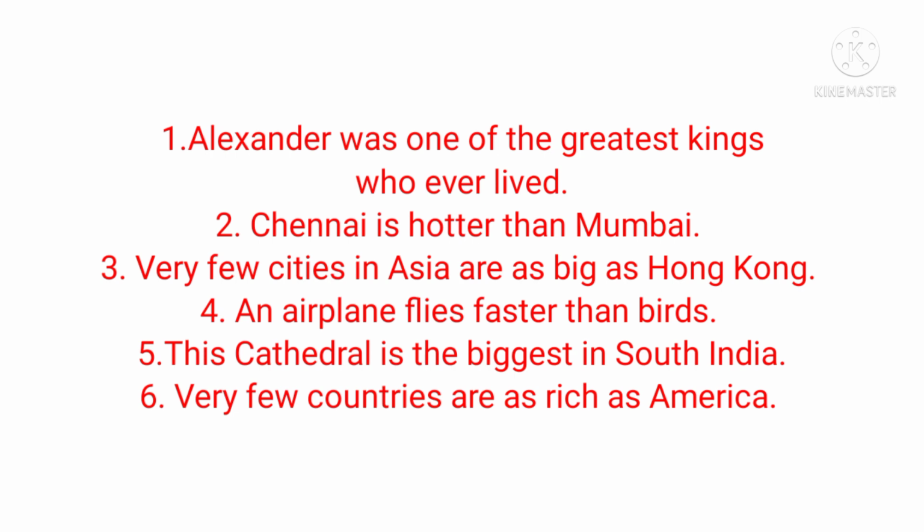Here, the superlative degree of the adjective is used, that is the biggest. Okay, very few countries are as rich as America. Here, the positive degree of the adjective is used, that is rich. It is the simple form of the adjective, and it is in positive form.